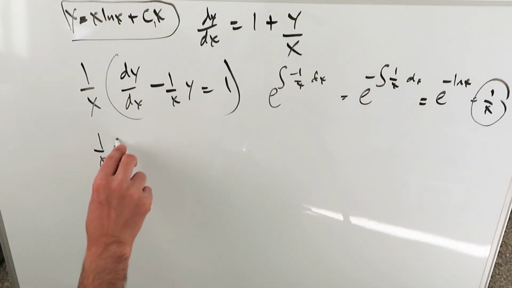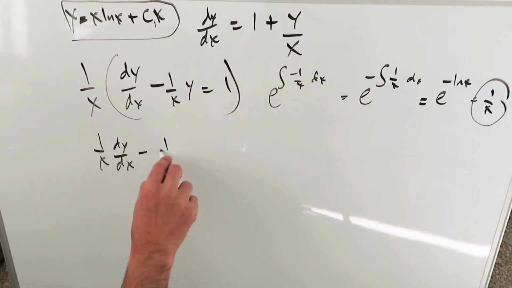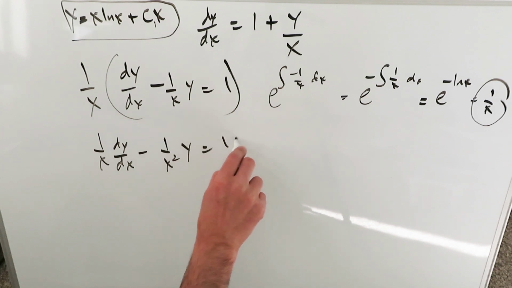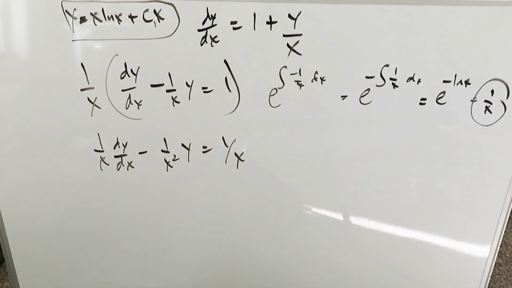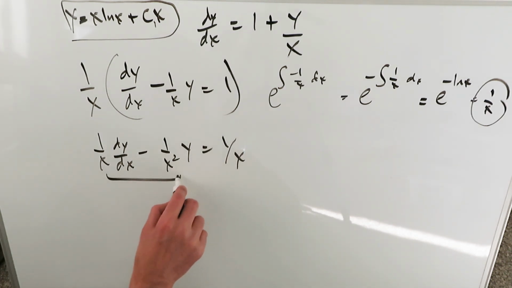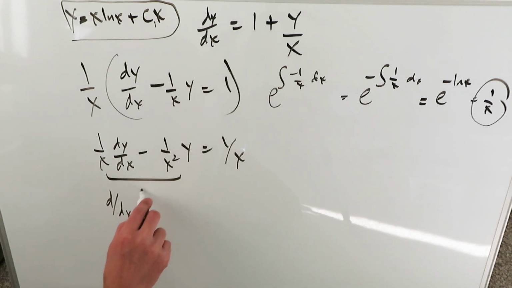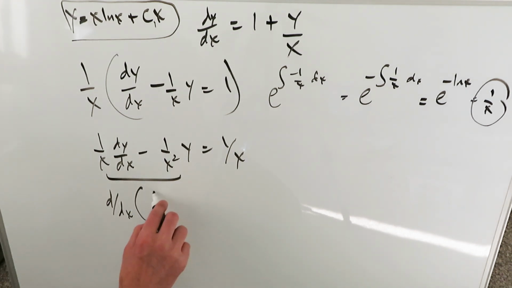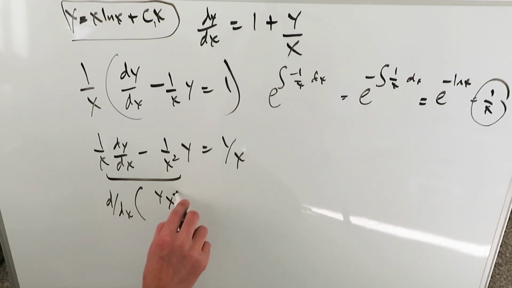You'll have 1 over x dy over dx minus 1 over x squared y is equal to 1 over x. This right here is actually the shorter, easier procedure. Look right here, it's coming from the derivative or the implicit differentiation of something. What is that something? It's really y over x, or you can write it in a better way, the product rule, derivative of y times x to the minus 1.